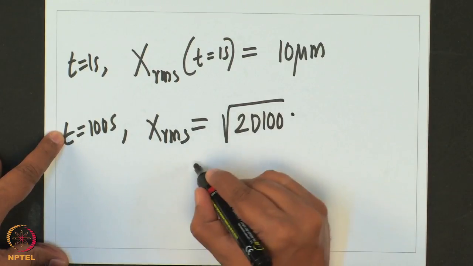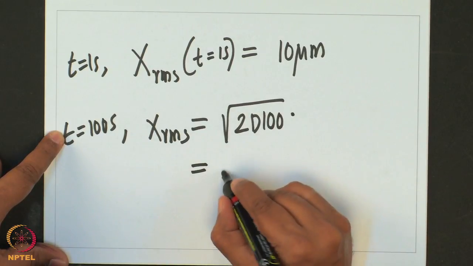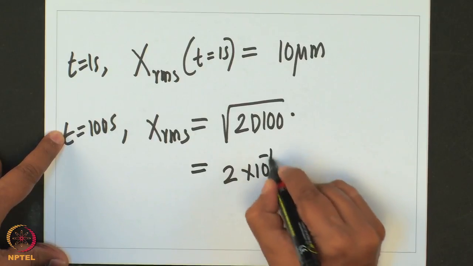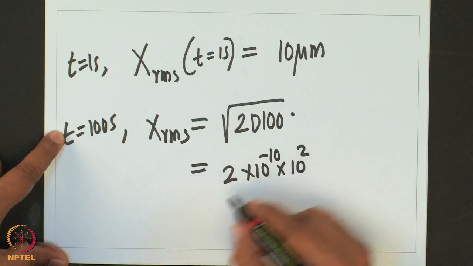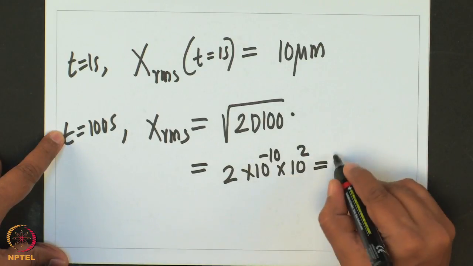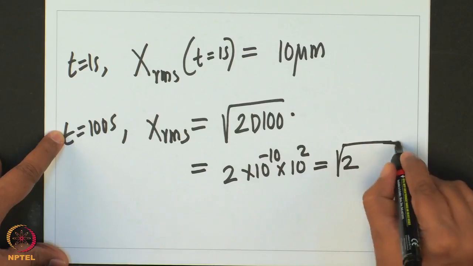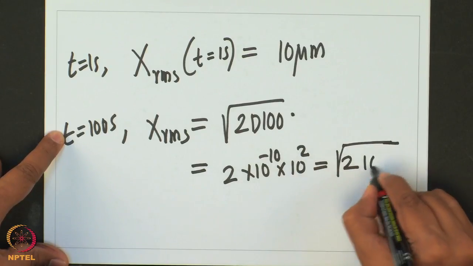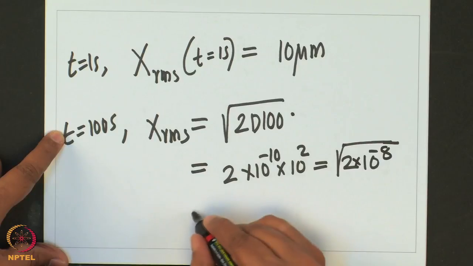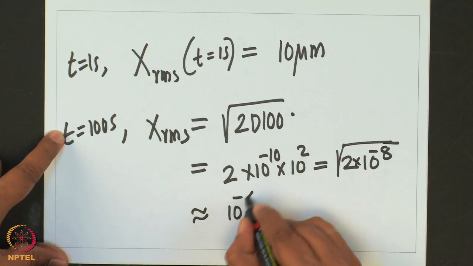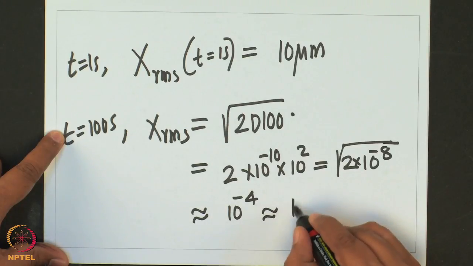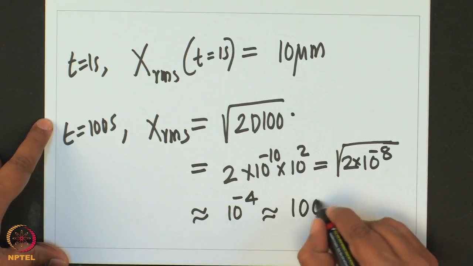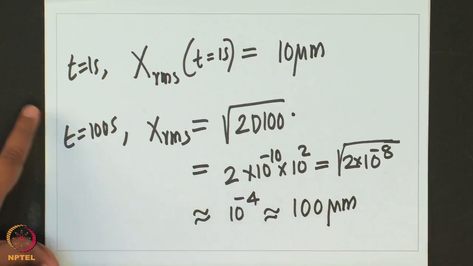So this is approximately equal to root of 2 times 10 power minus 10 times 100, which is 10 power 2. So this would be approximately root 2 times 10 power minus 8. Let me approximately write it as 10 power minus 4, and this is basically 100 micrometer. So this is approximately 100 micrometer.